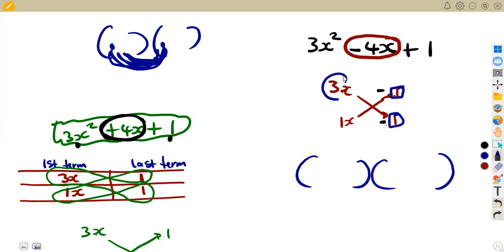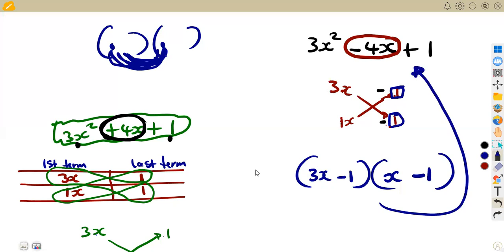So it means this 3x and this 1x must be in the first place in both brackets. And this -1, -1 at the last one. So that is what our brackets were going to be like. And if we do expand, we must go back here and obtain the same expression.